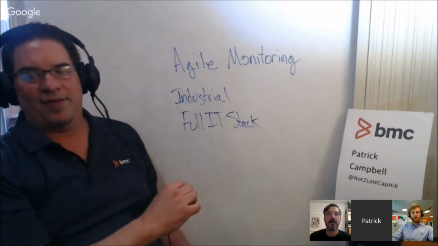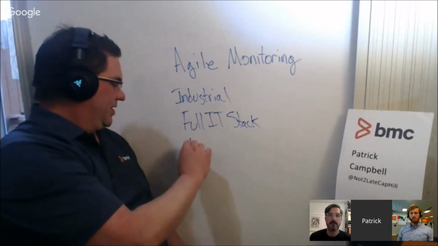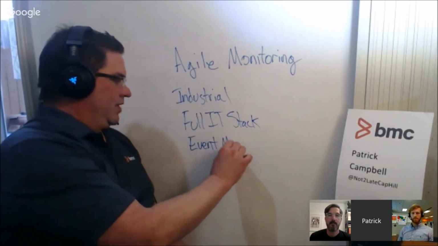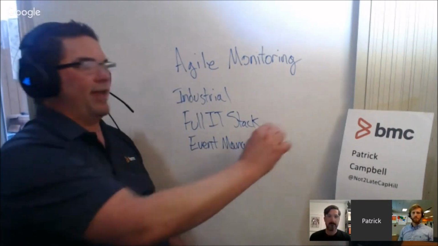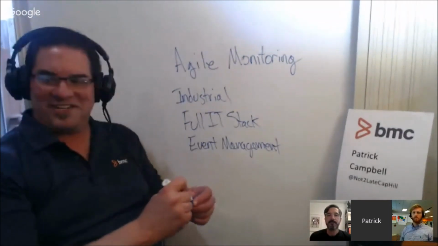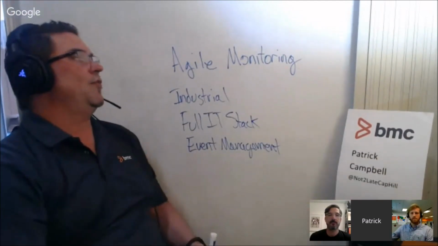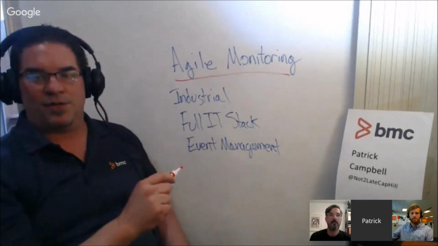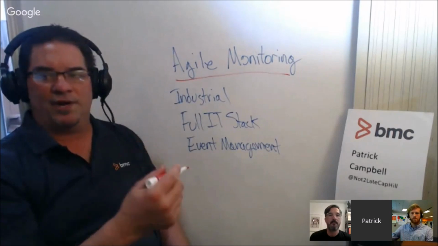In IT operations, you can typically have event management, and you've instrumented this environment and you're responsible for it. Then all of a sudden one of your initiatives in your organization is that you want to provide agile monitoring, so something that will help developers get started right away.